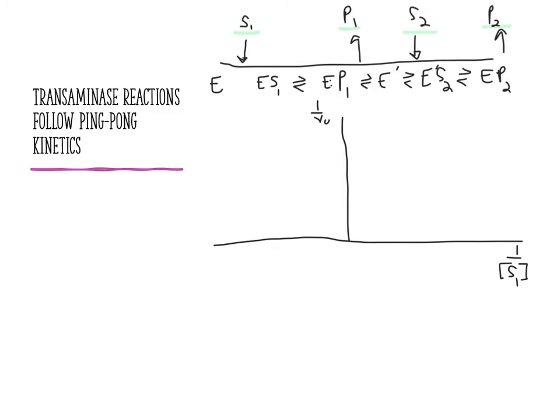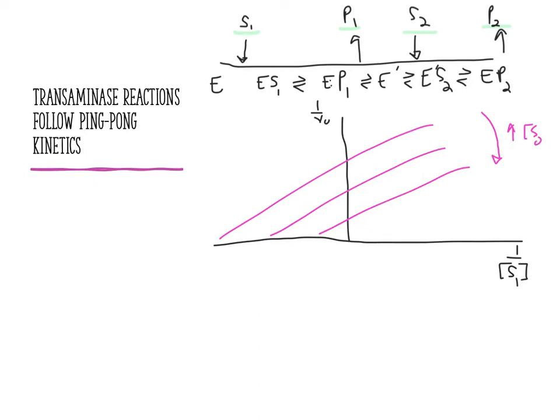And this Lineweaver-Burk plot looks like this. None of the lines intersect, and this right here going down is in terms of increasing concentration of substrate 2.